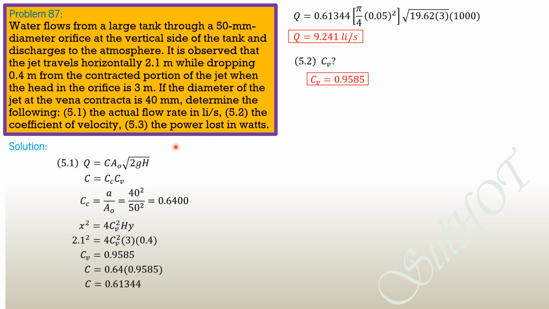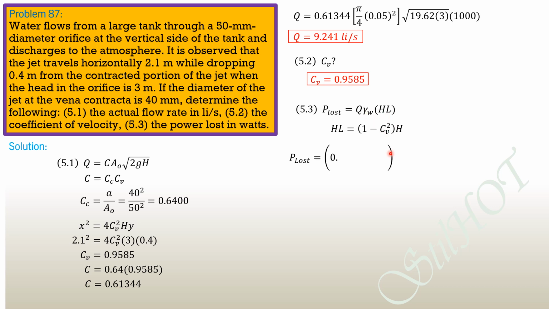Then 5.3, the power lost in watts. So power lost is weight flow rate times head loss. And the head loss is head times the quantity 1 minus C sub V square. So power loss equals weight flow rate Q times gamma water times head loss, and the head loss is 1 minus C sub V square times head. Substitute into this formula.